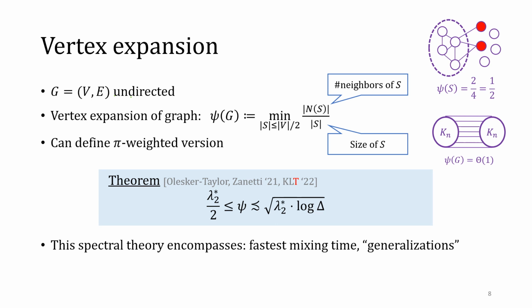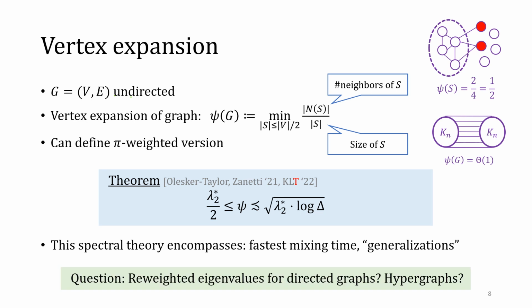This is all nice, and following their work, one natural question would be, can we develop a spectral theory for directed graphs and hypergraphs using reweighted eigenvalues? And this is the central question that our work sets out to answer.